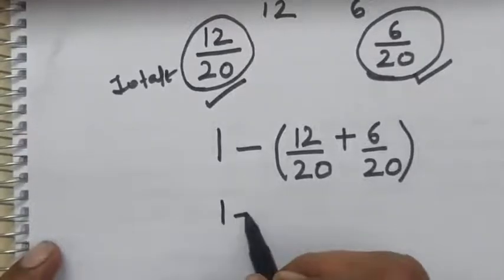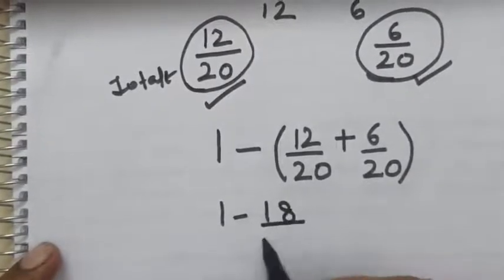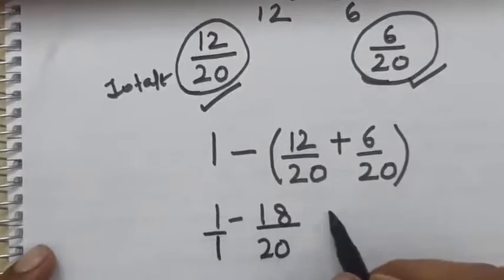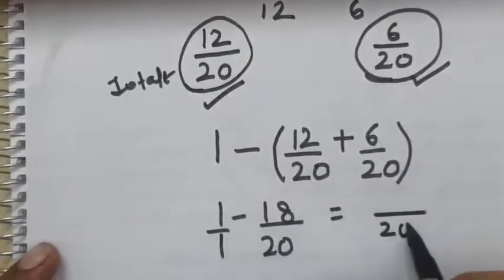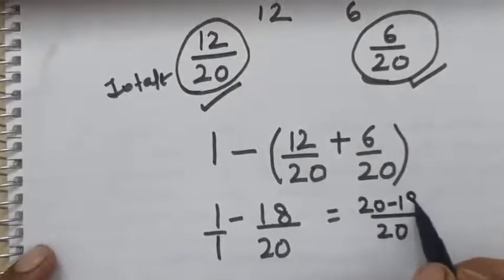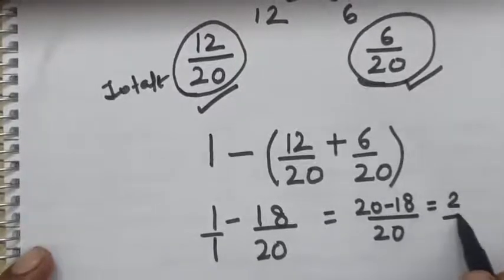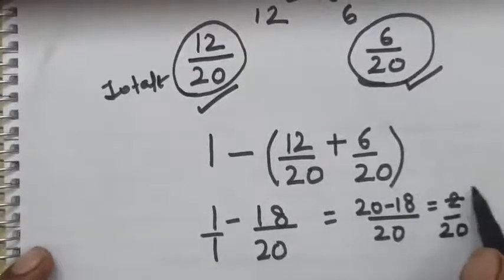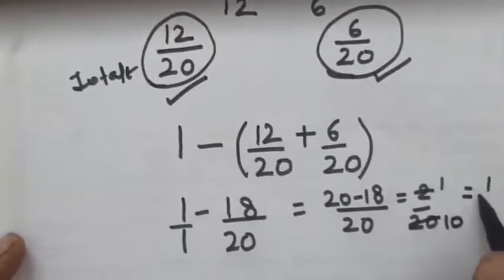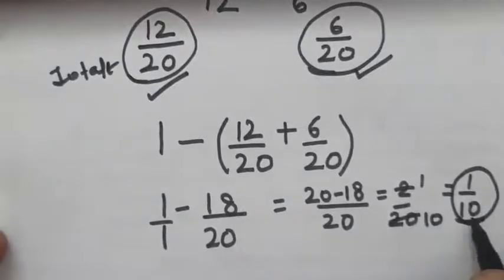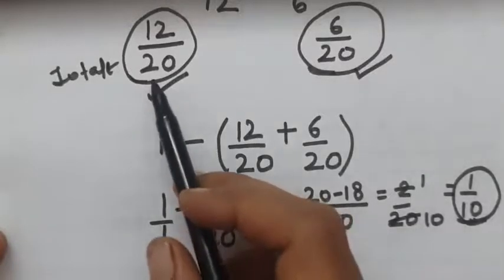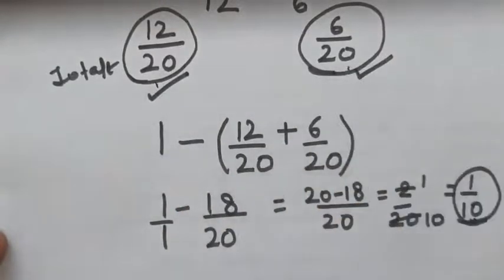So what we get is 18 upon 20, and on taking LCM we get 20 minus 18, that is 2 upon 20. So we get 1 upon 10. So this is the fraction left with Rajesh after giving pens to Krishna and Meena.